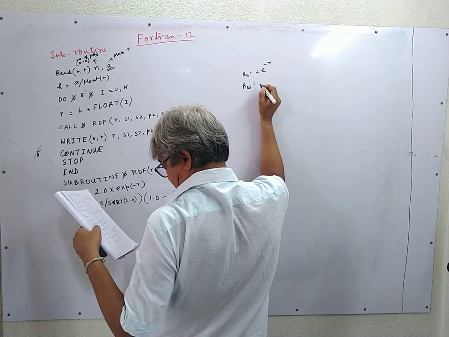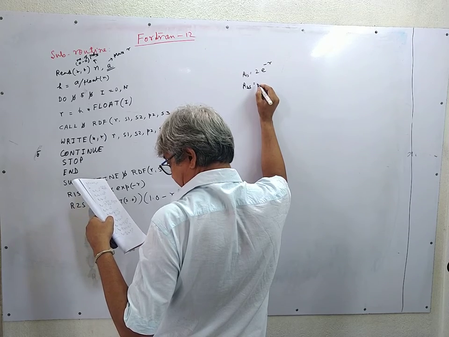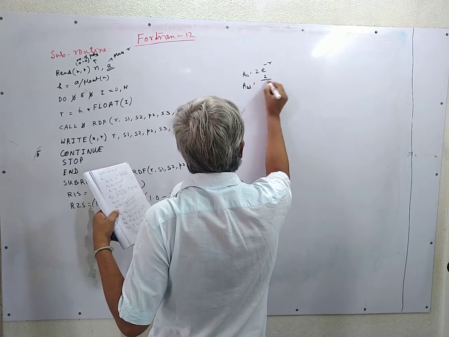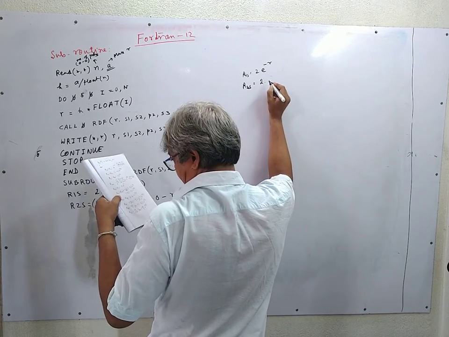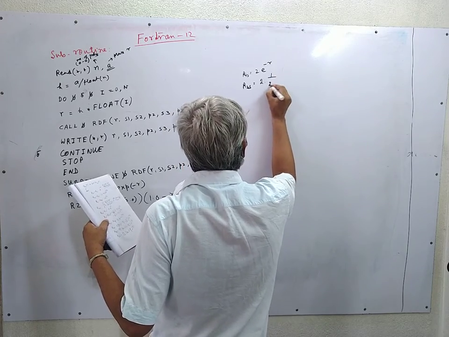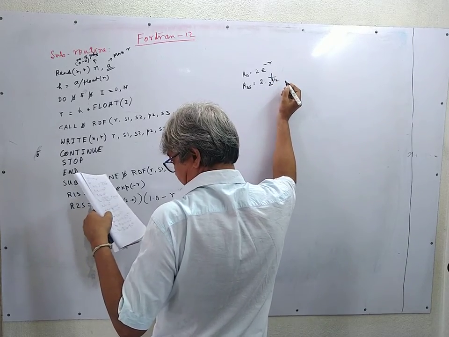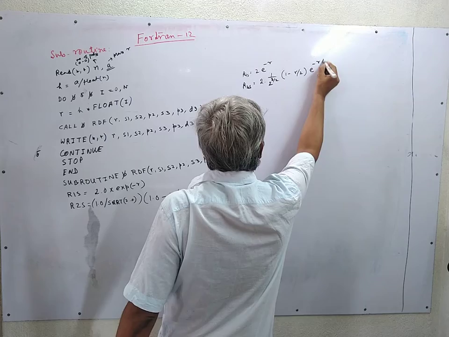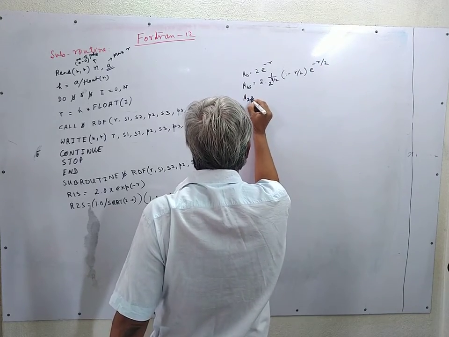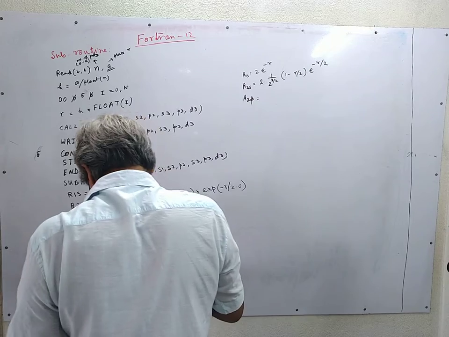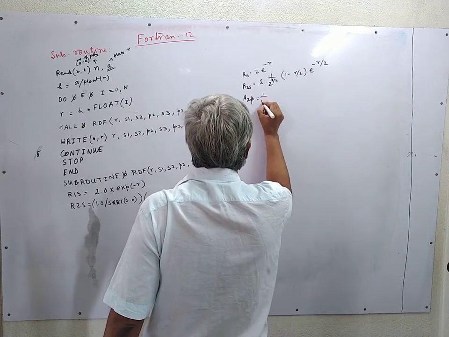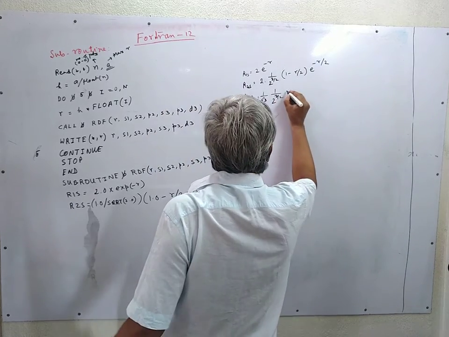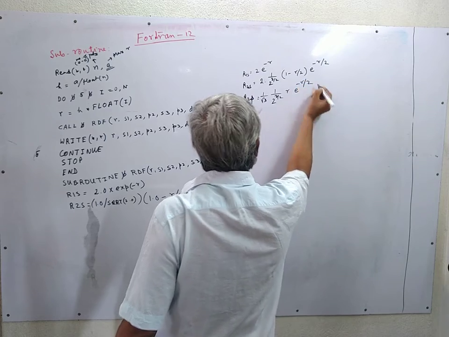R2s is equal to 2 times 1 upon square root 2 into 1 upon 2 to the power 3 by 2, 1 minus R by 2 e to the power minus R by 2. R2p is 1 upon root 3, 3 by 2 R times e to the power minus R by 2.